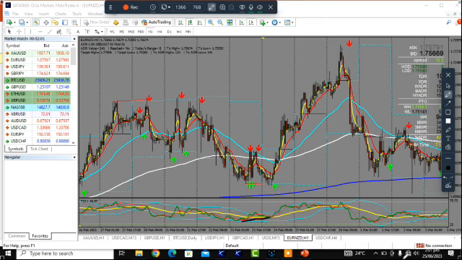And the last one, which is the shark fin, helps you to know when the market is oversold, and then when to leave the market, or when the market is overbought, and then when to leave the market. So simply, this is what TDI is all about, and there are many other things that you can use it for, but these are the basic three, and if you understand this, you'll be able to excel with them in forex trading.